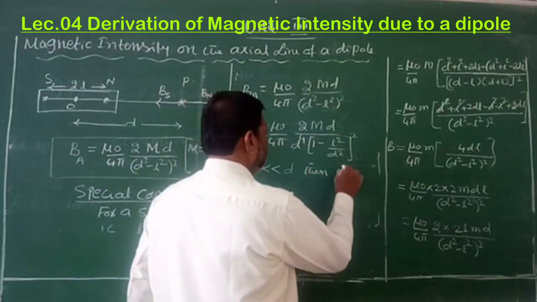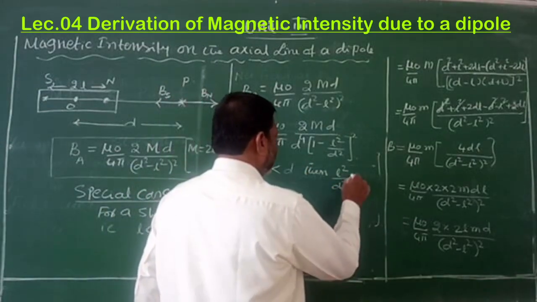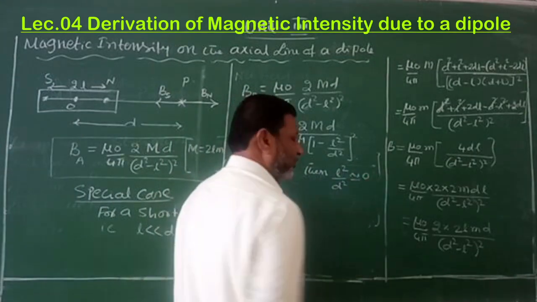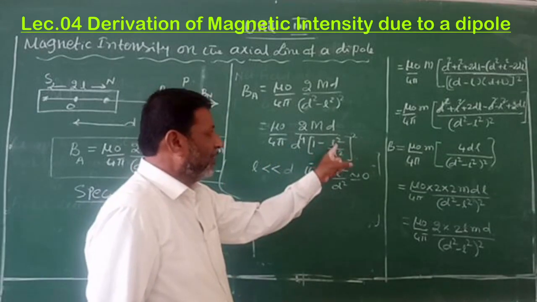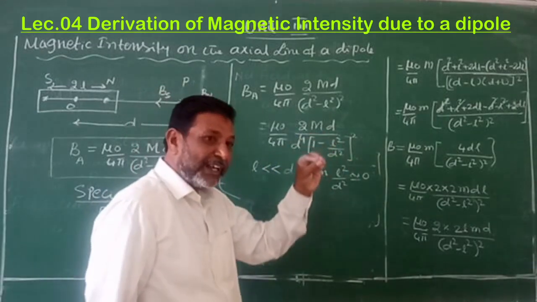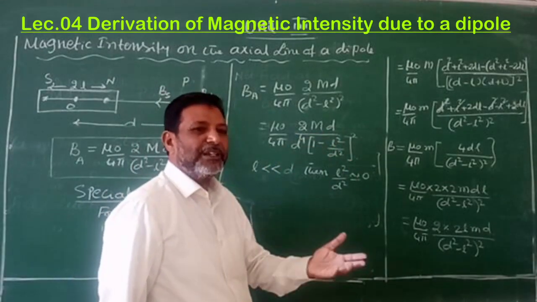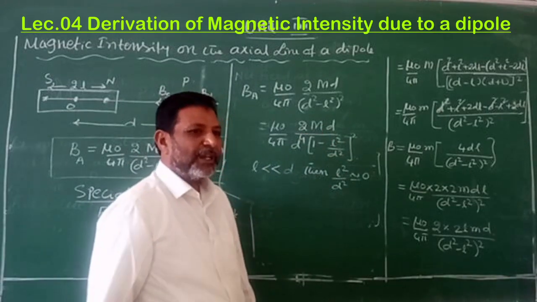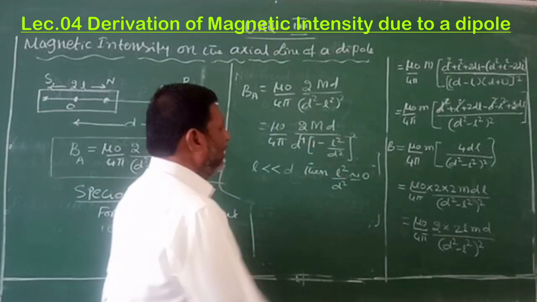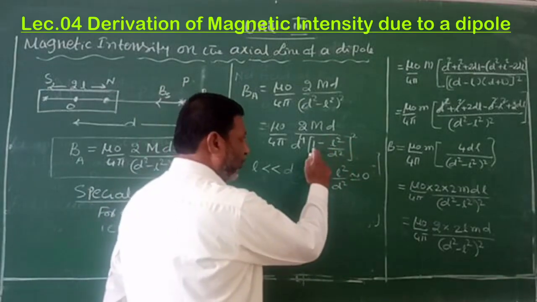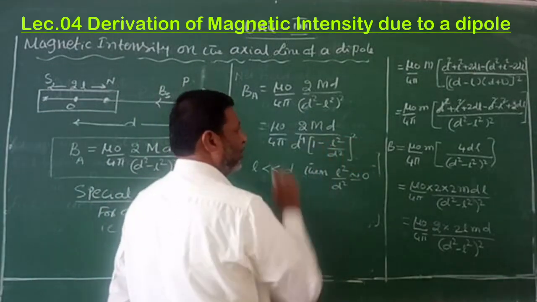Here L square divided by d square is approximately equal to 0, because L is very much less than d. The numerator is very much less than the denominator, so the fraction becomes negligible, and negligible means we always consider it equal to 0. Then you will have only 1, and 1 square gives 1 only.